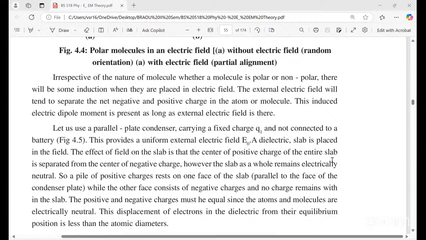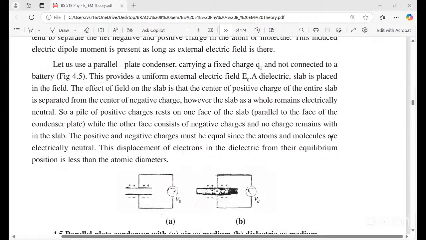Okay, induced. So by using a parallel plate condenser carrying a fixed charge Q1 and not connected to a battery, which provides an external electric field.